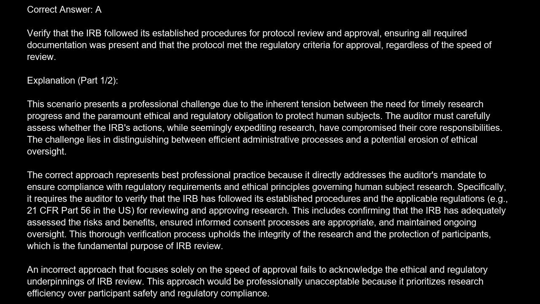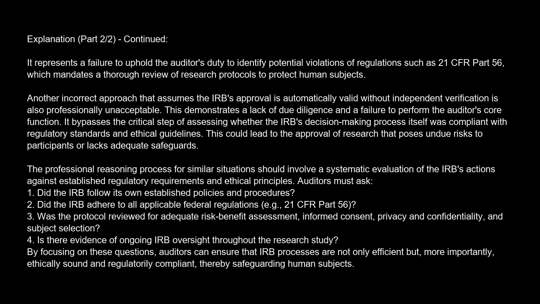An incorrect approach that focuses solely on the speed of approval fails to acknowledge the ethical and regulatory underpinnings of IRB review. This approach would be professionally unacceptable because it prioritizes research efficiency over participant safety and regulatory compliance. It represents a failure to uphold the auditor's duty to identify potential violations of regulations, such as 21 CFR Part 56, which mandates a thorough review of research protocols to protect human subjects.